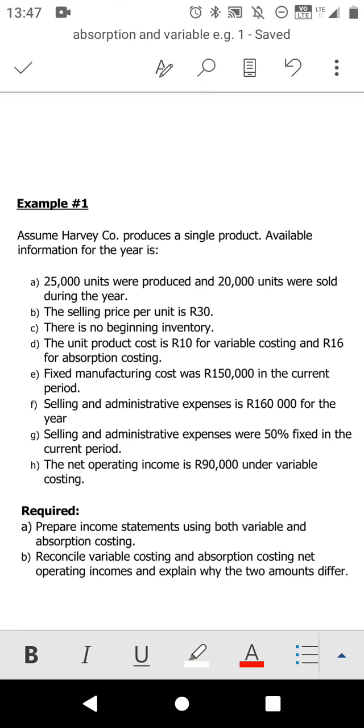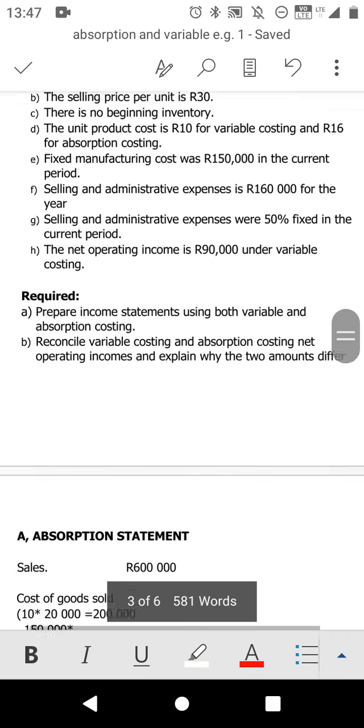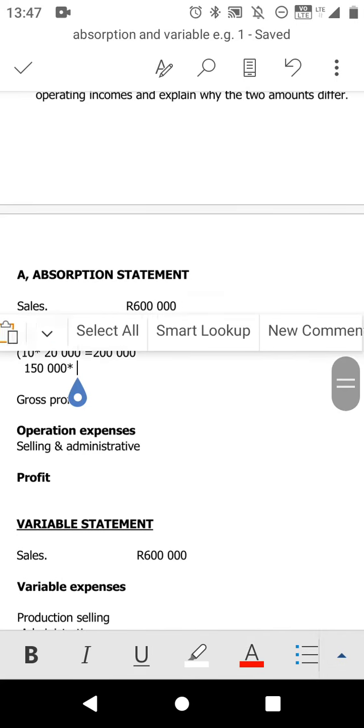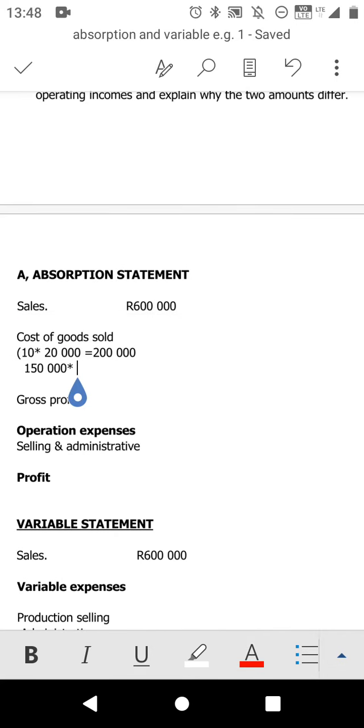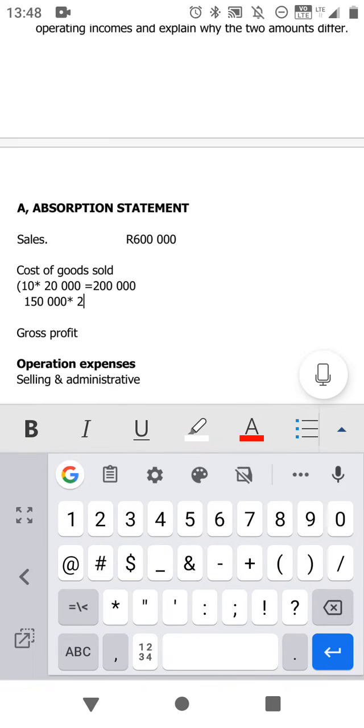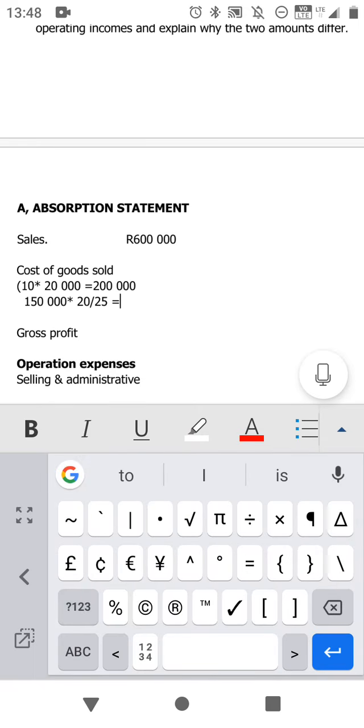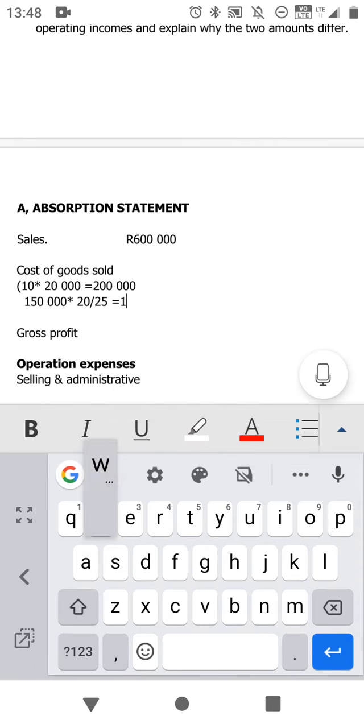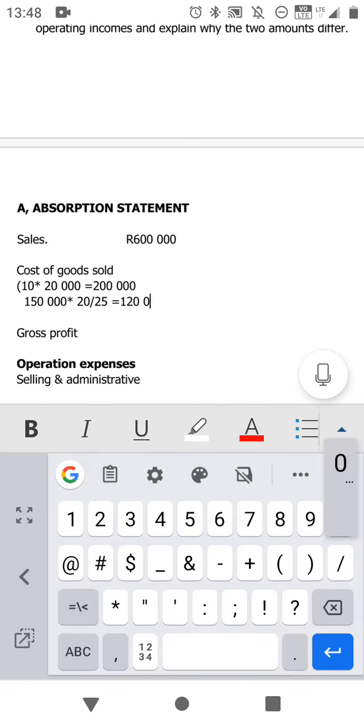We're going to say 150,000 multiplied by 20,000 divided by 25,000, or you simply say 20 over 25. Then we will get the actual amount of fixed cost. It's 20 over 25, then it will give you 120,000.